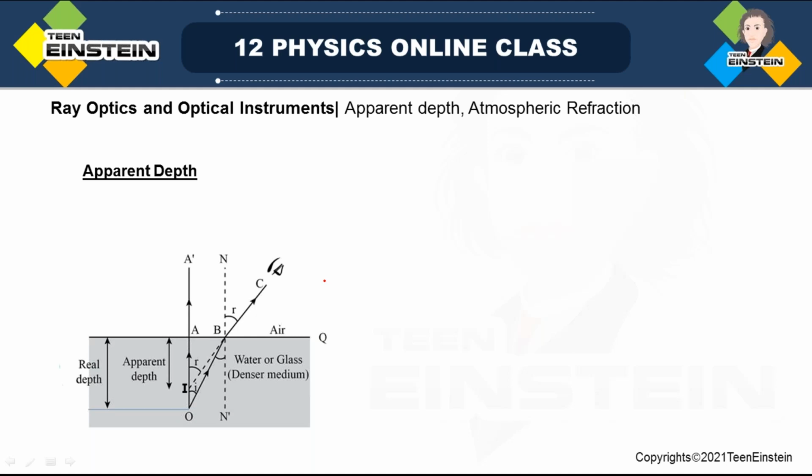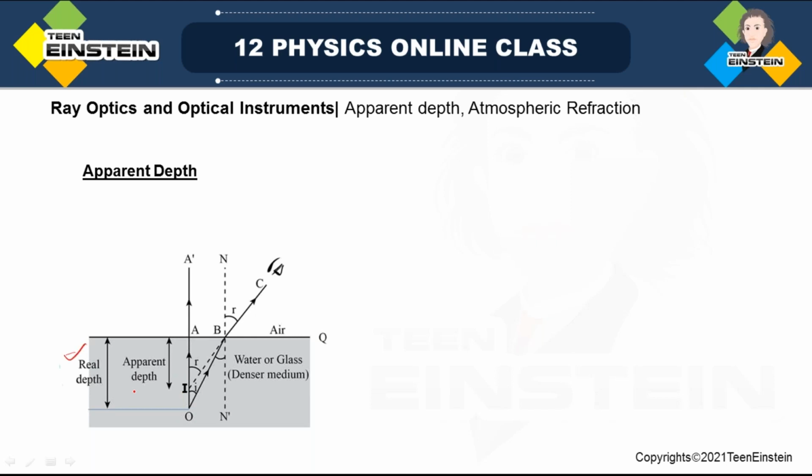Here let me define what is real depth and what is apparent depth. The real depth is the actual depth, and apparent depth is that due to refraction you will see a virtual image of the object at an elevated height. That height will be a little lesser than the actual height.